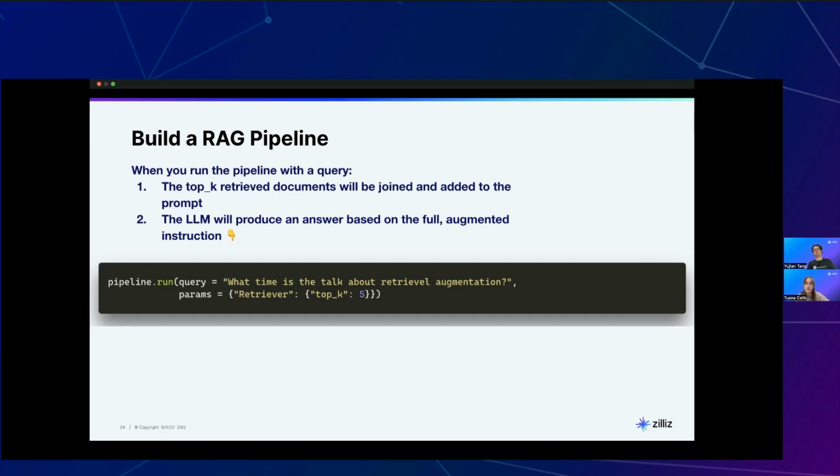If I was using a model with less capability, I might decide to reduce that, or if I'm using a model with higher capability, I might decide to increase that. Each has its advantages and disadvantages. The advantage of a higher top K is that maybe you're giving more relevant context to the large language model to produce an answer with. But the disadvantage is you are hitting the limit of what the model can actually consume.